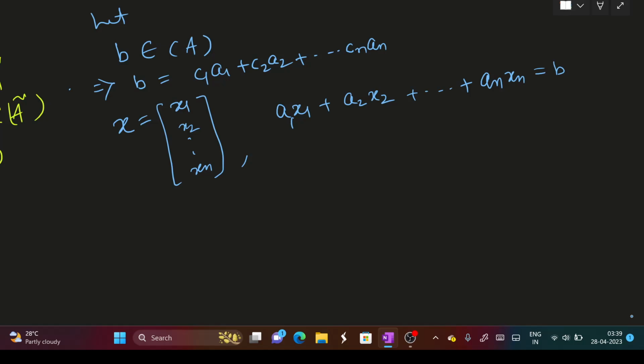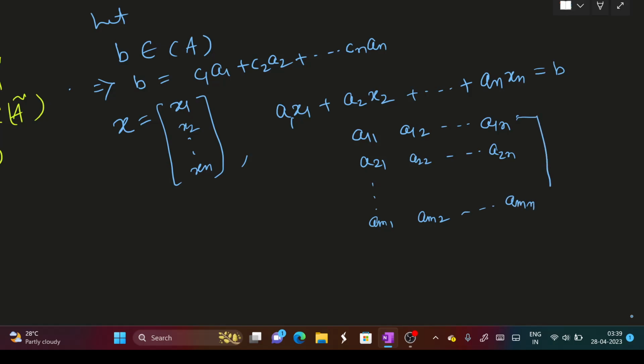Otherwise, let me write down the system of equations. So a11, a12, a1n, a21, a22, a2n, am1, am2, amn.